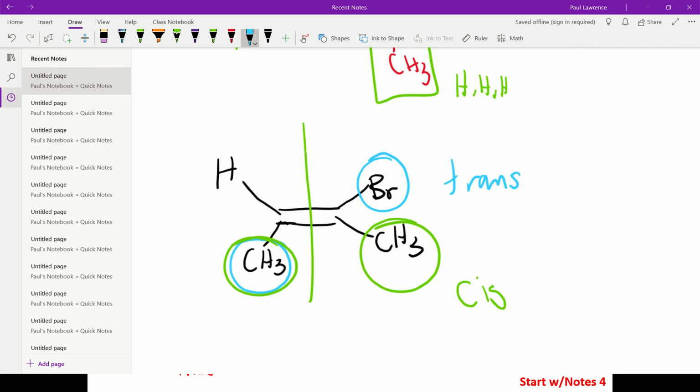So how do you describe and discuss this molecule with someone? It's going to get very confusing. Are you talking about the bromine and the methyl group are trans? Or are you talking about the two methyl groups? Are they cis? And so it's going to get very, very confusing really, really quickly.